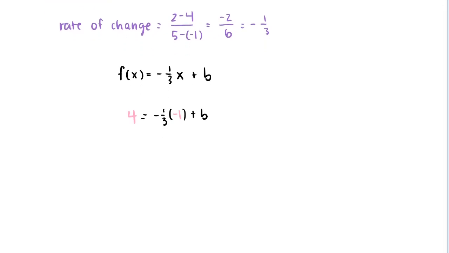And so we can work this out to solve for b now, that b is really the only missing piece of information for this equation here. And so here I have 4 is equal to -1/3 times -1, which is +1/3 plus b. And so subtracting away 1/3 from both sides, you get 4 minus 1/3 is equal to b.